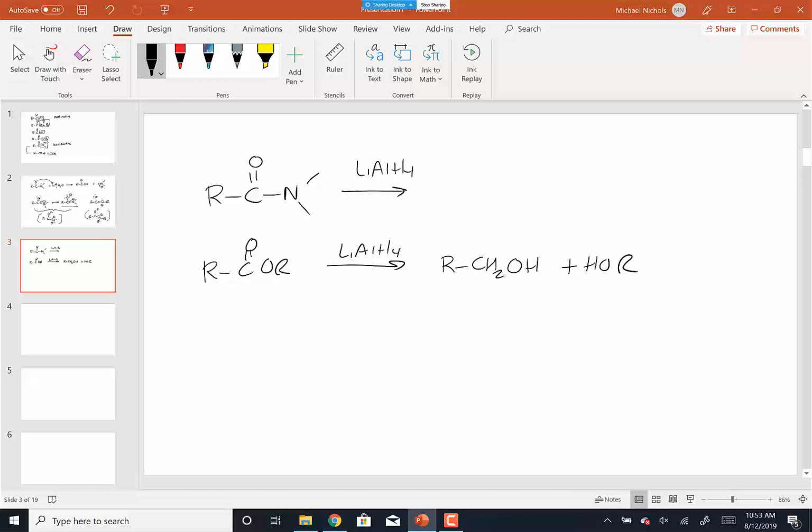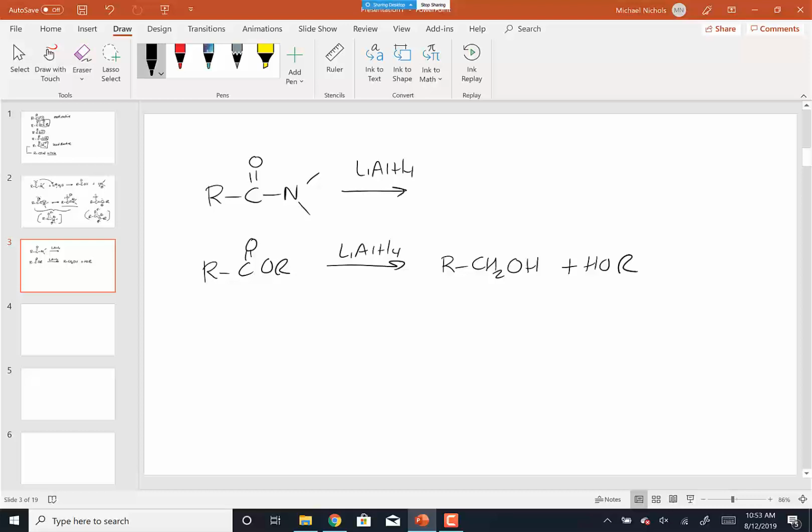That's what we should have gotten, or did get. Splits. So when you react an ester, it splits. Why does it split?